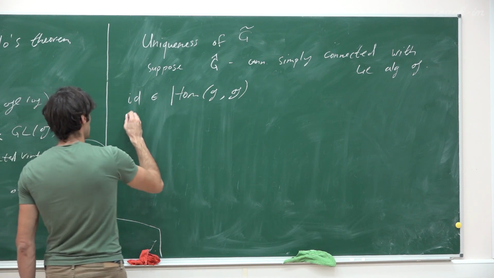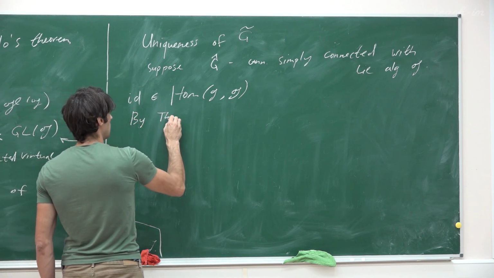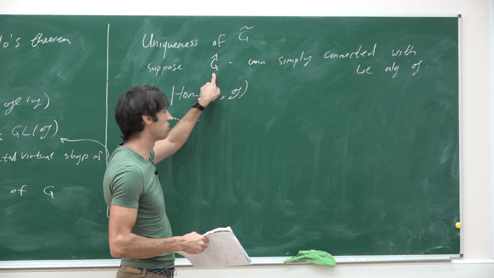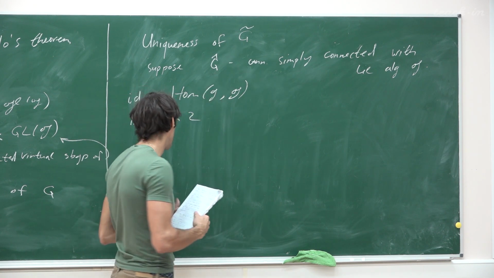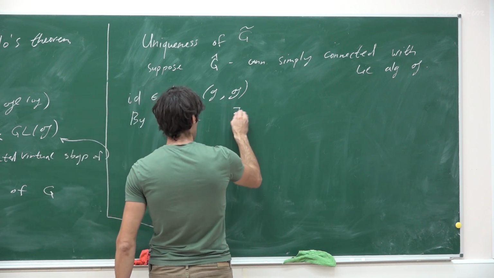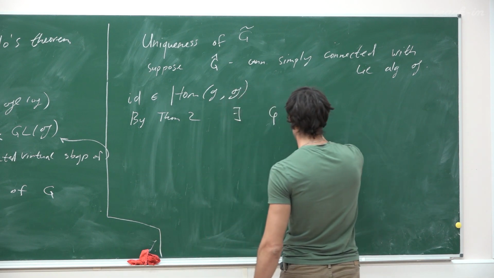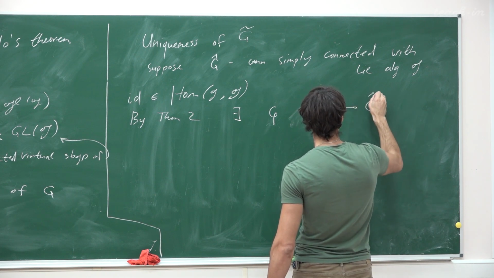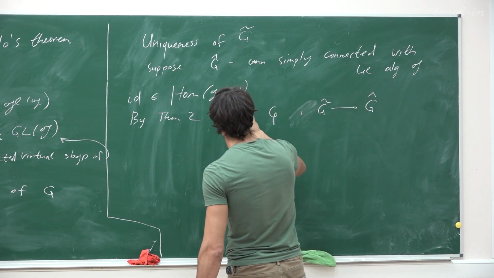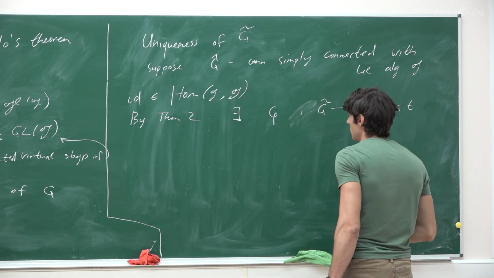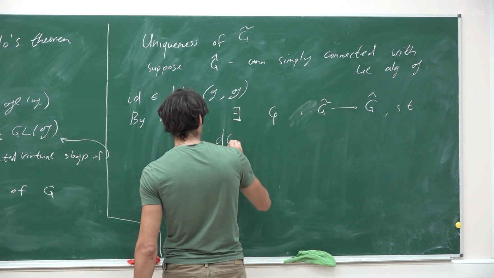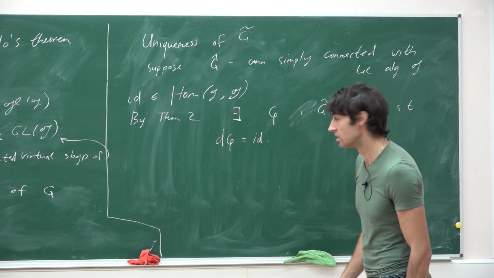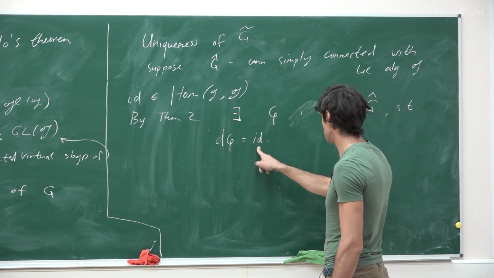By theorem 2, this is the Lie algebra both for G tilde and for G hat, so there exists some homomorphism phi from G tilde to G hat such that d phi is just the identity.